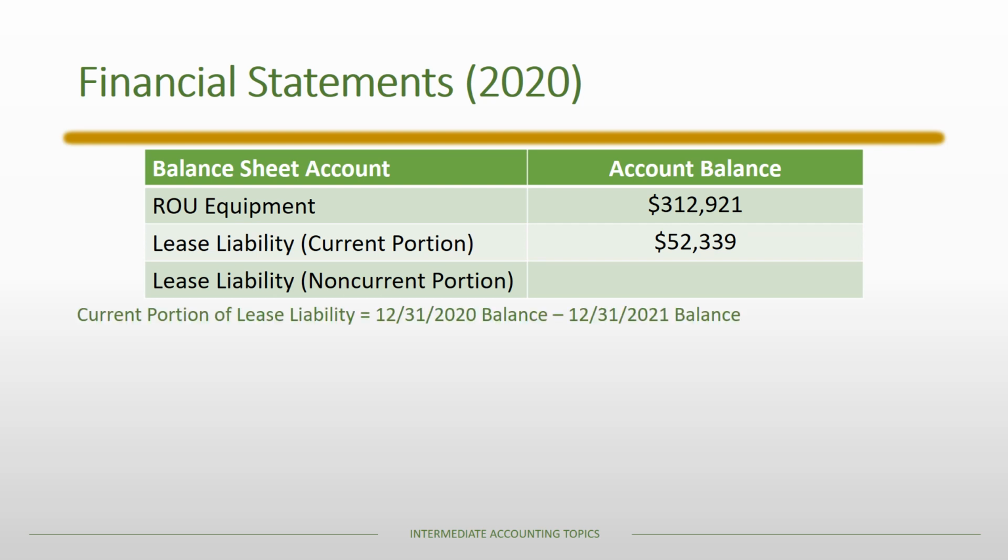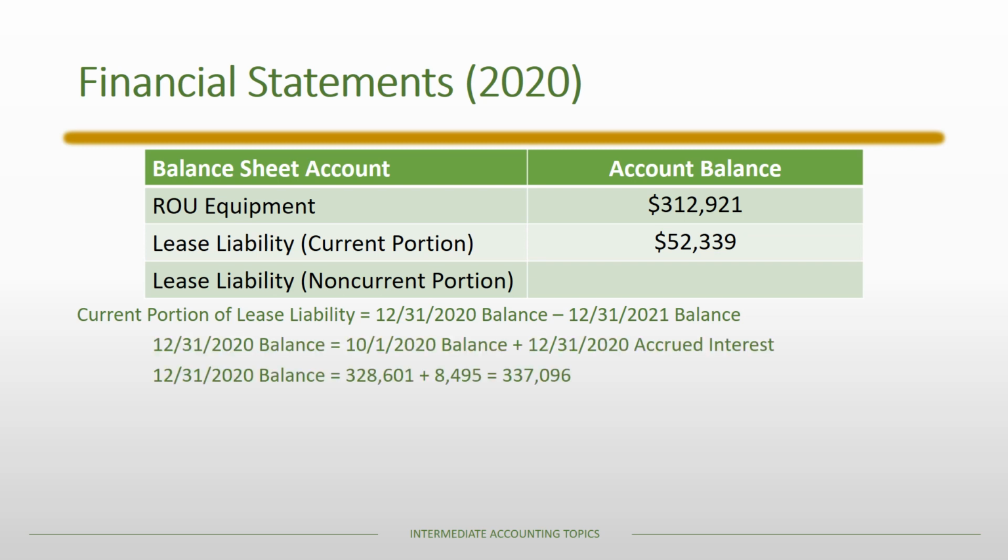The current portion of the lease liability is the 12/31/2020 account balance minus the 12/31/2021 account balance. Essentially, we're capturing the amortization that will occur in 2021, and that is the current portion of the lease liability. So we start with the 12/31/2020 account balance.